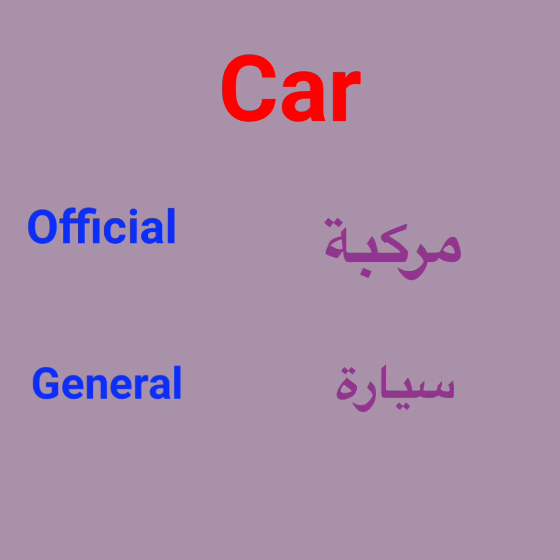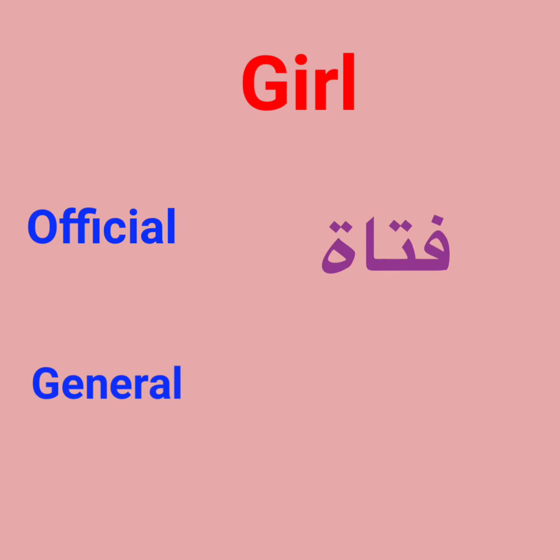Car is مركبة or سيارة. Our third word would be girl. How do we say girl in official Arabic? فتاة. But usually and commonly it is بنت.